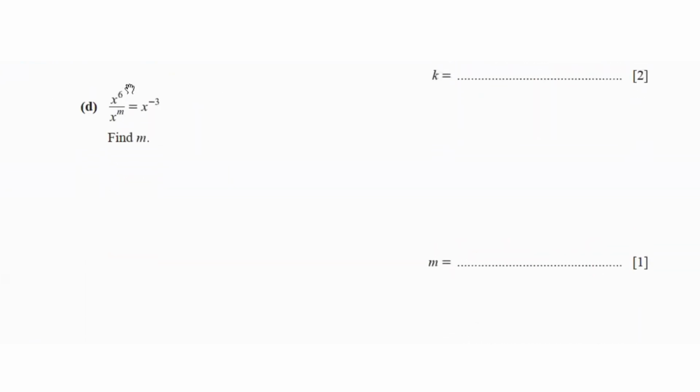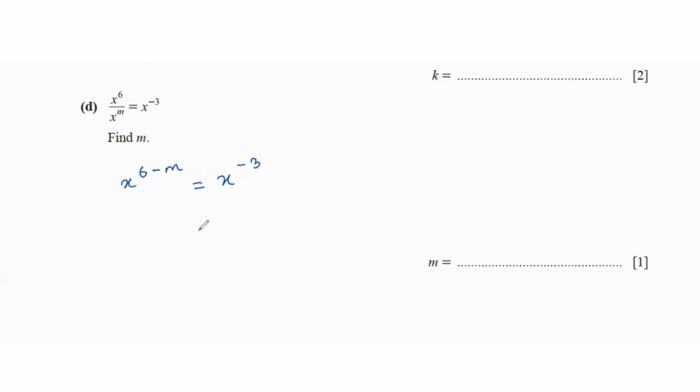Part D says x to the power of 6 divided by x to the power of m equals x to the power of -3. Find m. Whenever we have similar bases being divided, we subtract the powers. So it's going to be x to the power of 6 minus m equals x to the power of -3.